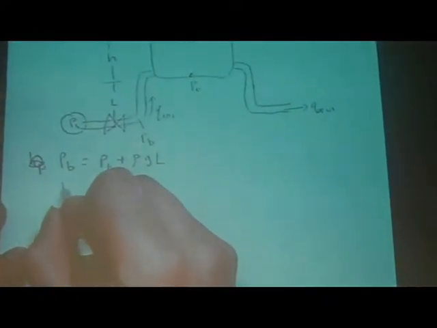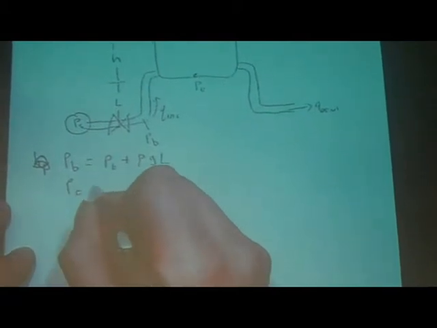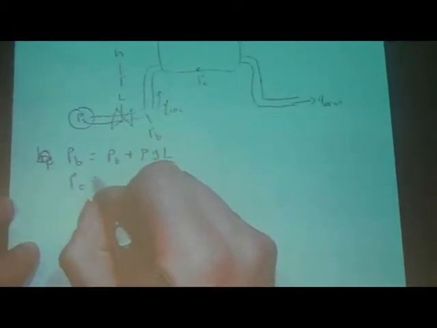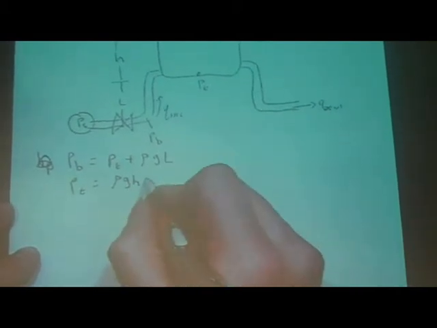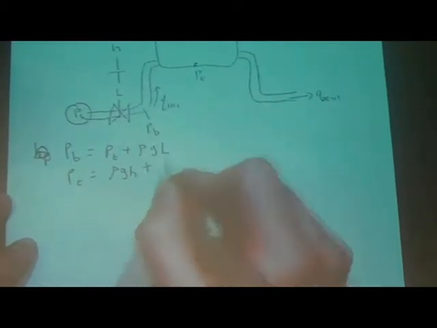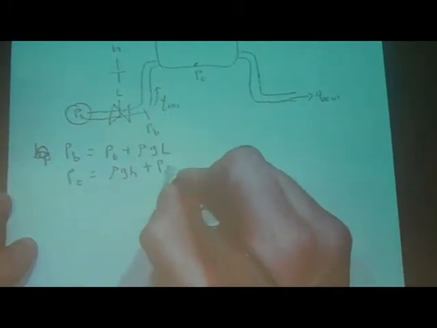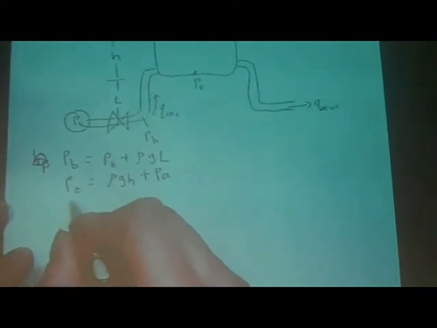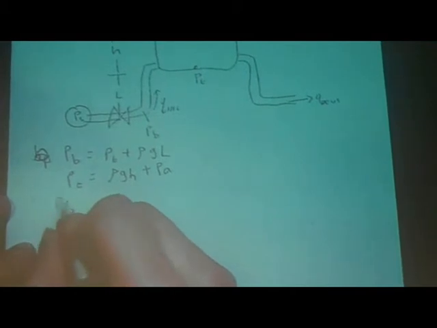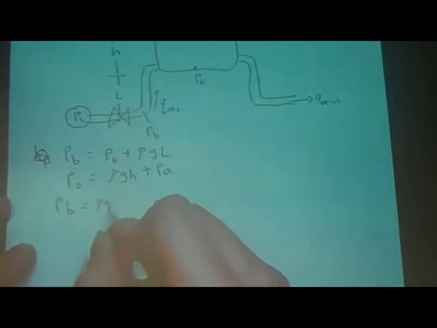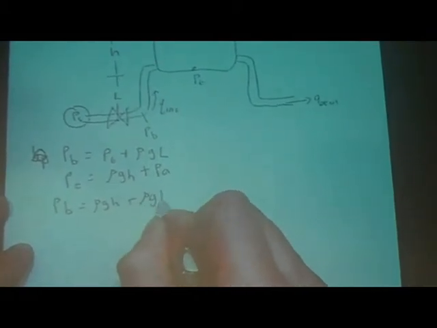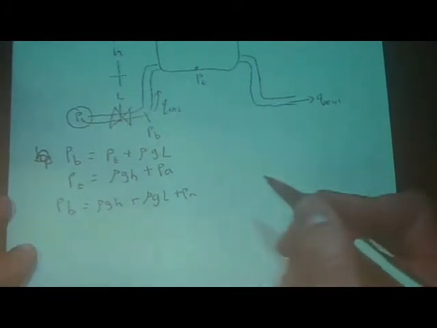Secondly, we know the pressure at the top of the tank is equal to density times gravity times the height of that tank plus the atmospheric pressure which it is exposed to. Combining those two equations, we can get pressure at the bottom of the tank is equal to rho GH plus rho GL plus PA. Very good, Rocky.